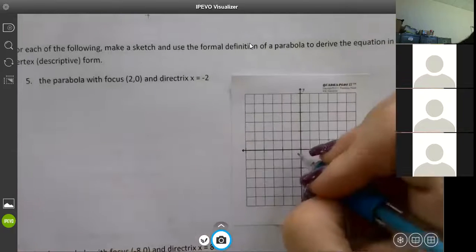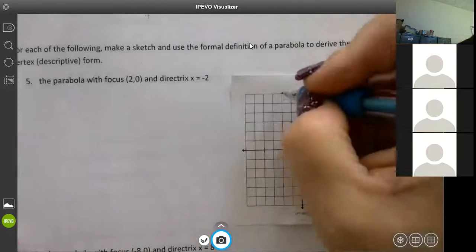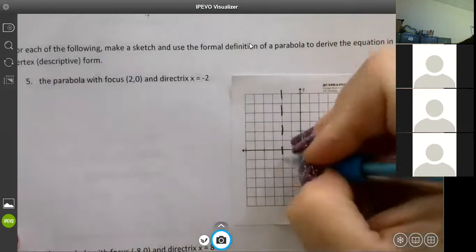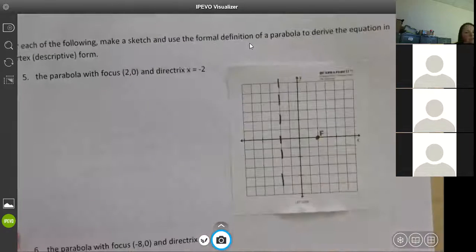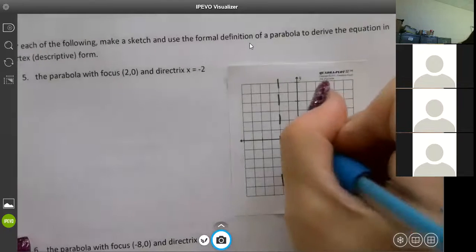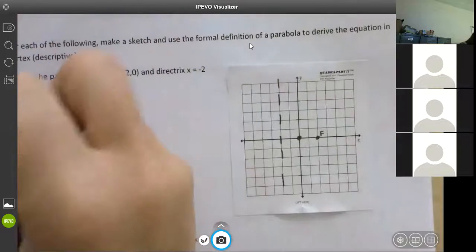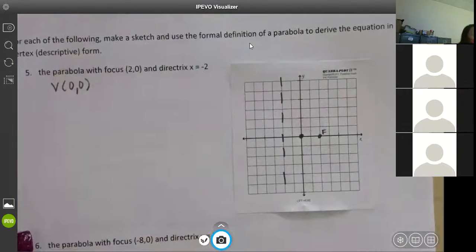So we have a focus at 2, 0, directrix at x equals -2. Remember that your vertex is exactly halfway between. So where would your vertex be? 0, 0. So what we have right now, be careful on this.